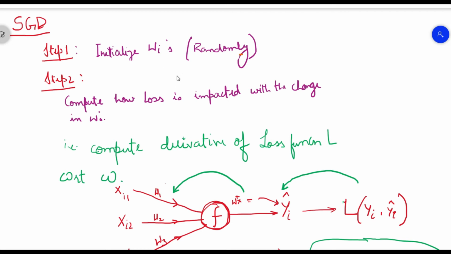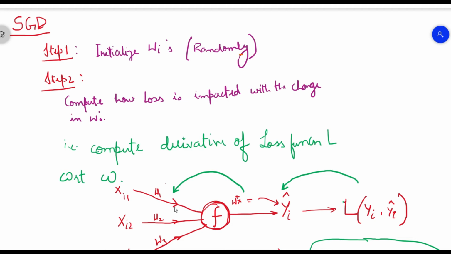The first step is to initialize the weight vector randomly, that is, the components inside the weight vector randomly. The second step is to compute how the loss value will be impacted with a change in each of the weight components of our weight vector. So how do we find the rate of change of L with respect to W?